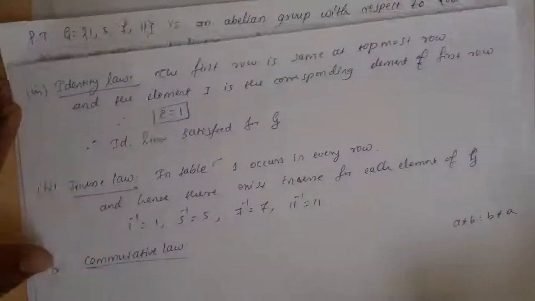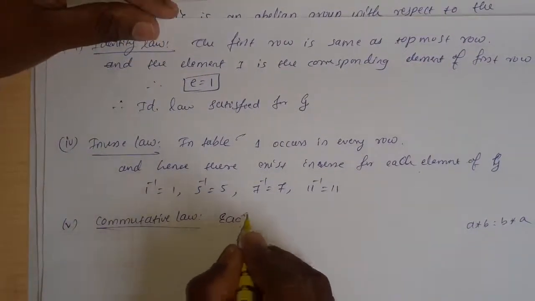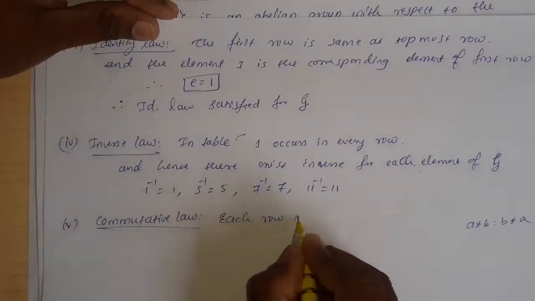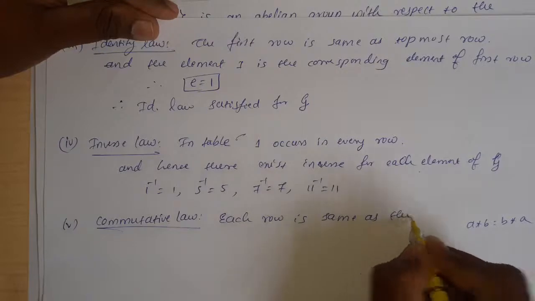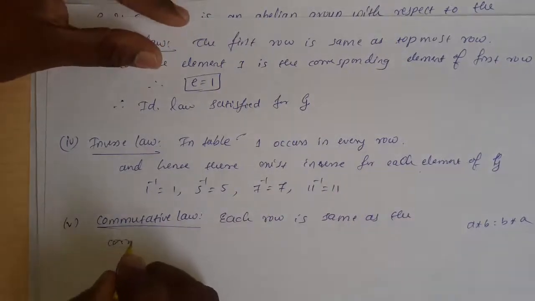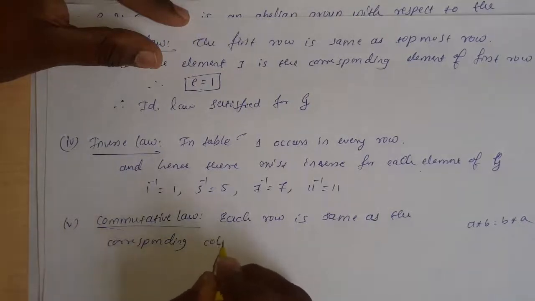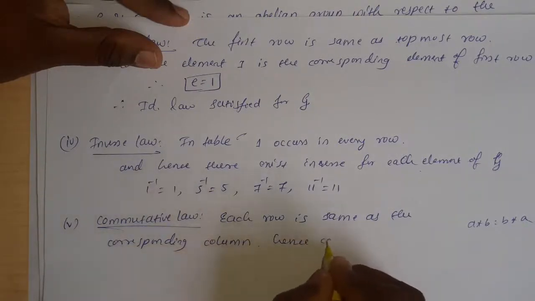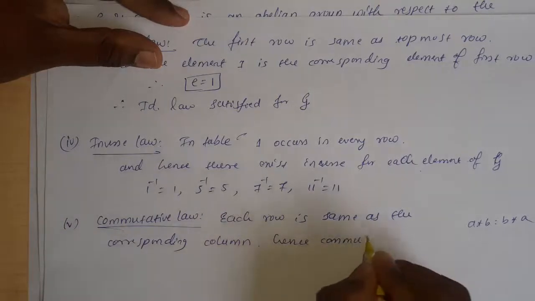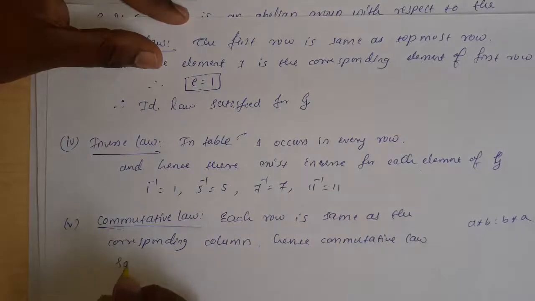Then to write this, each row is the same as the corresponding column. Hence, the commutative law is satisfied.